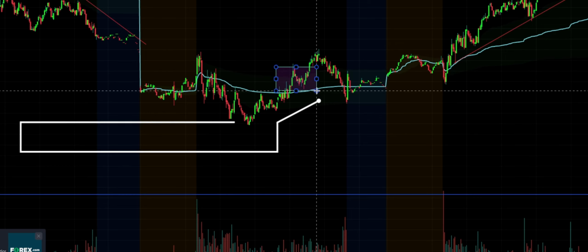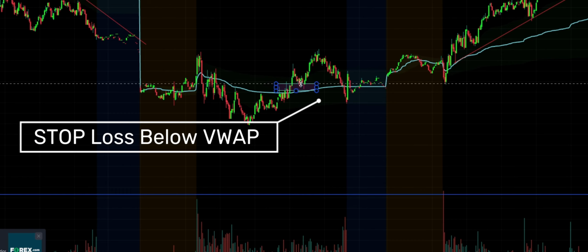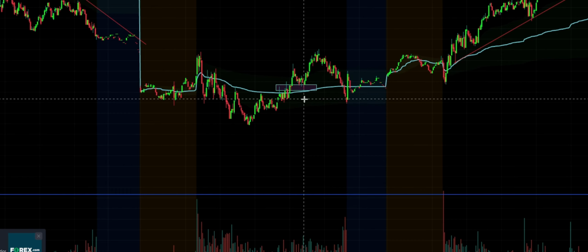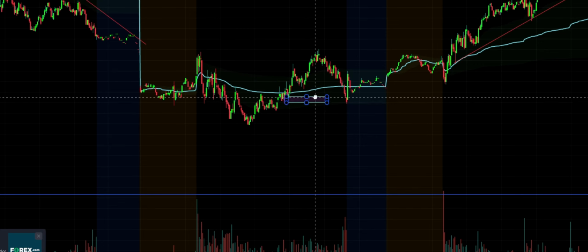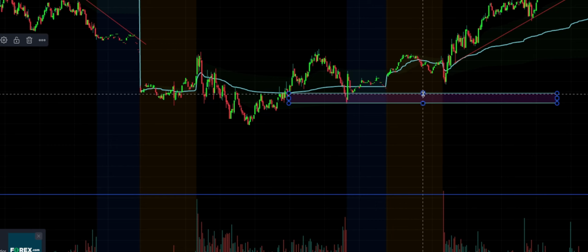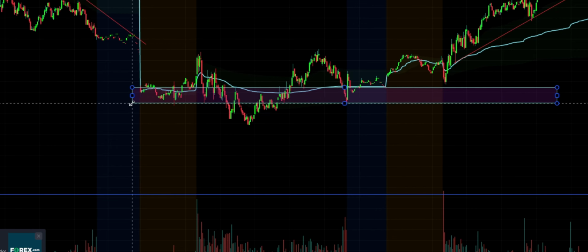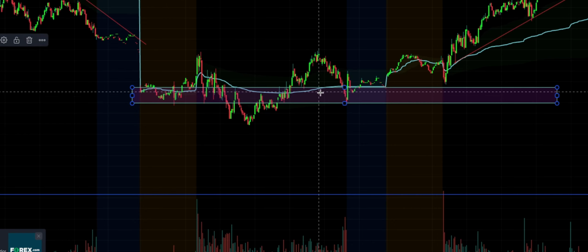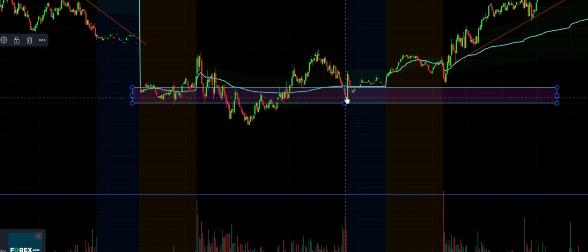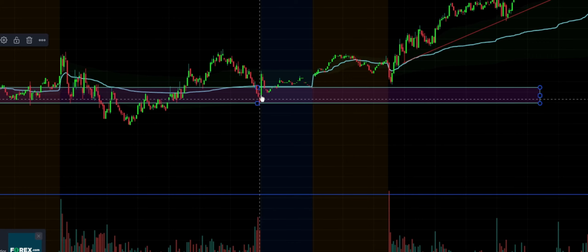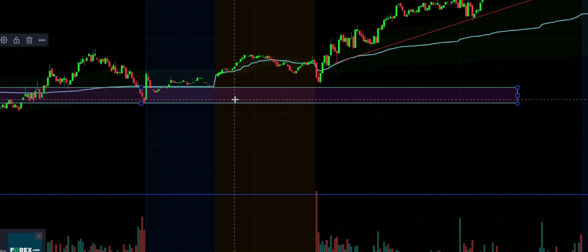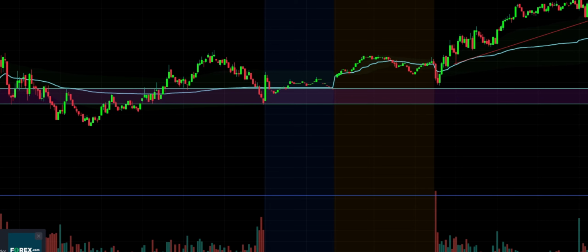This area would be a good stop loss. Based on this time frame, which is the 3 minute time frame, it came below and then as soon as it did, it turned back up because we got very long volumes loading, and that's what happened.